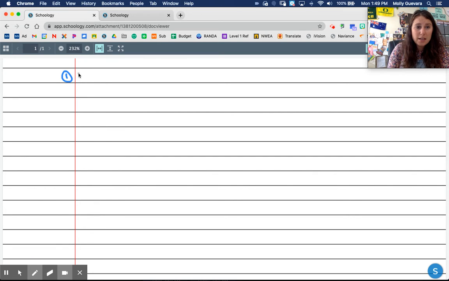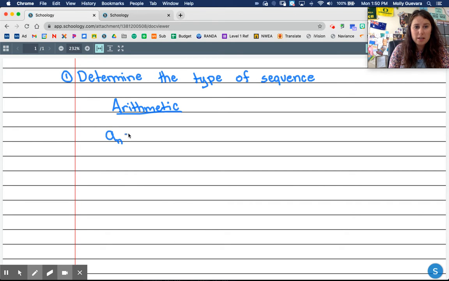The first thing that I have to do if I'm given 2 points is I have to determine the type of sequence, right? Is it going to be arithmetic or is it going to be geometric? And so depending on that will change what the equation looks like, right? Because if it's arithmetic, the equation is going to be a sub n is equal to d times n plus b, right?